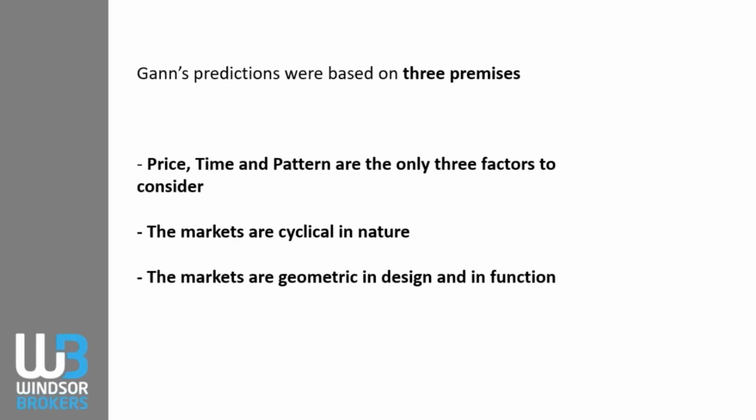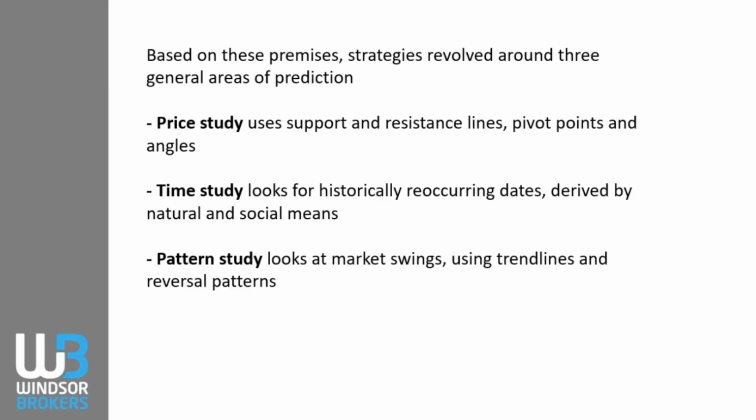And also one of the key points is the markets are geometric in design and in function. So all these mathematical formulas could be applied on this, so it could make work easier and make the forecasts and all the techniques workable.